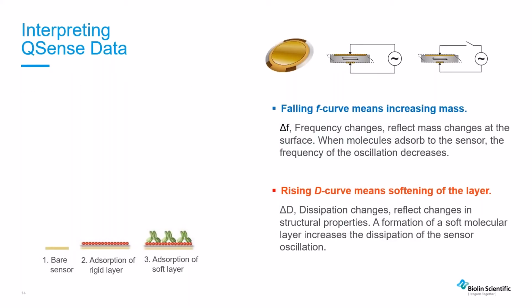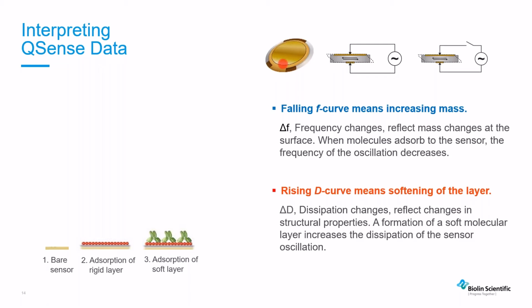Okay, so as I mentioned, everything is based on the quartz crystal microbalance. The quartz sensor itself is clamped between 2 gold electrodes, on top of which you can put any kind of material, of course, to mimic the situation you're interested in.